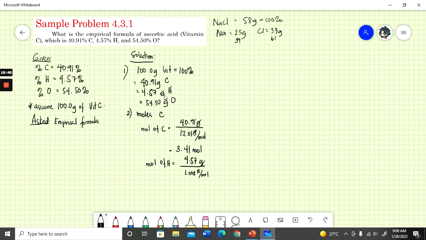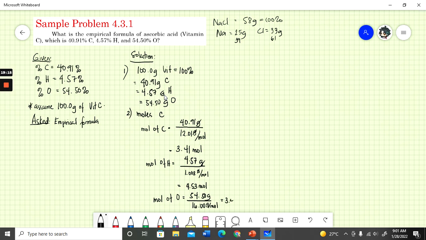So the grams get cancelled, and you are left with about 4.53 moles of hydrogen. And then you want to find the moles of oxygen, which is 54.50 grams divided by 16 grams per mole, and this is about 3.41 moles, I believe.